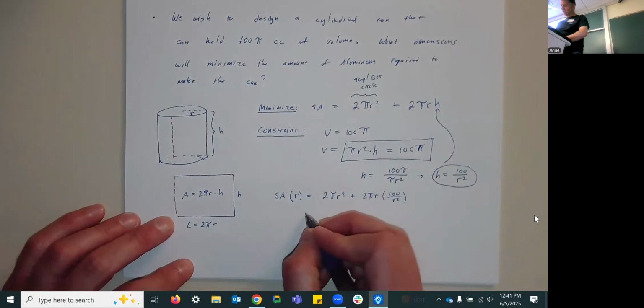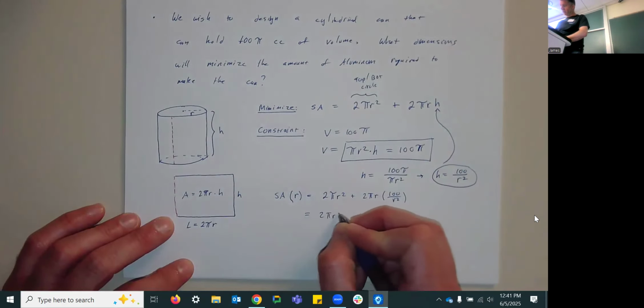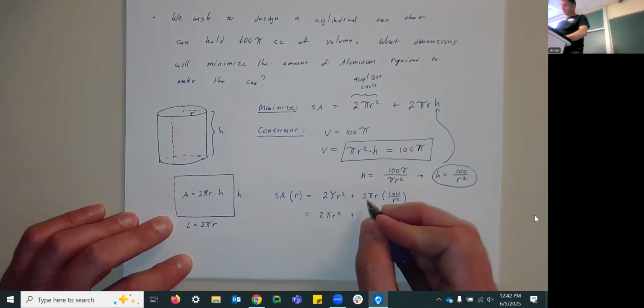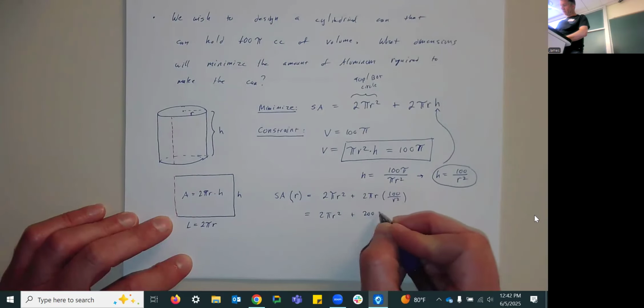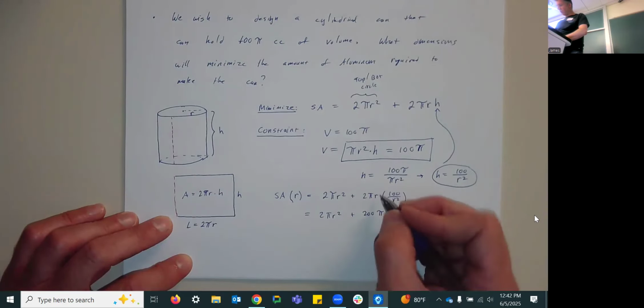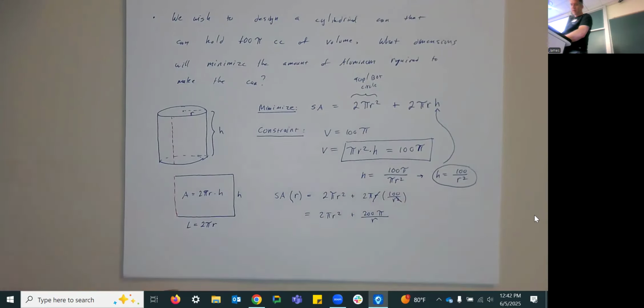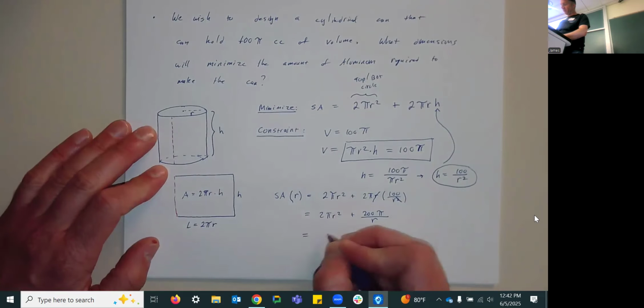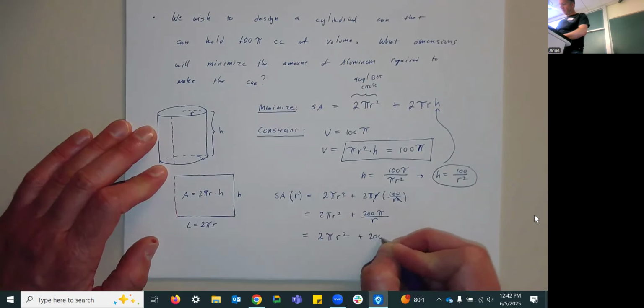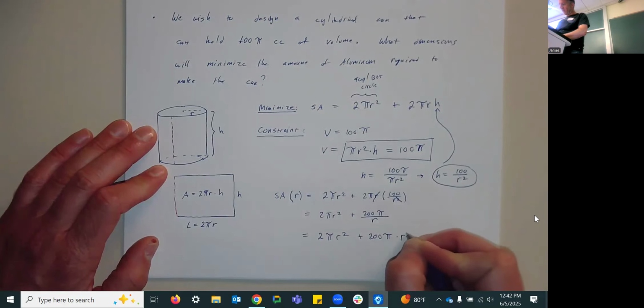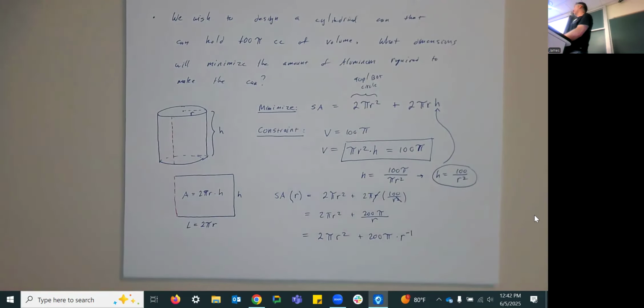So I would rewrite this as 2 pi r squared plus 2 times 100 is 200 pi, and then one of those r's can cancel out. So I can write it as 200 pi over r, although I still don't feel like I've written it in the easiest way to take its derivative. I should really bring that r up to the numerator and write it as 2 pi r squared plus 200 pi times r to the negative 1 power, because that's going to make it easier to differentiate in the next step.